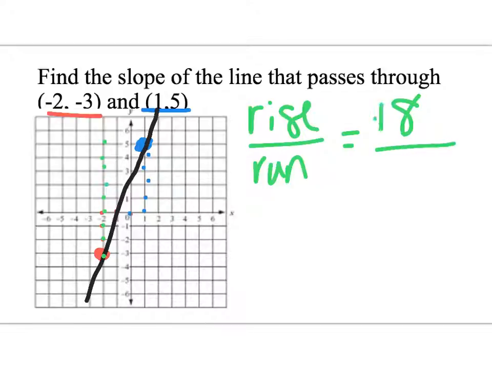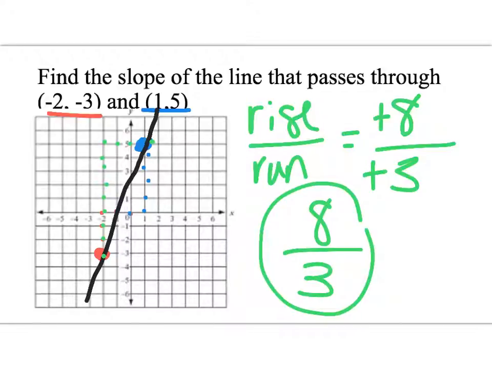And it's positive because I went up. And then my run, I would go over 1, 2, 3. And I would land on that blue dot. To the right is positive as well. So this has a positive slope of 8 over 3. Okay, positive lines from left to right going in this direction look like they're going up, so it should have a positive slope, which it does.